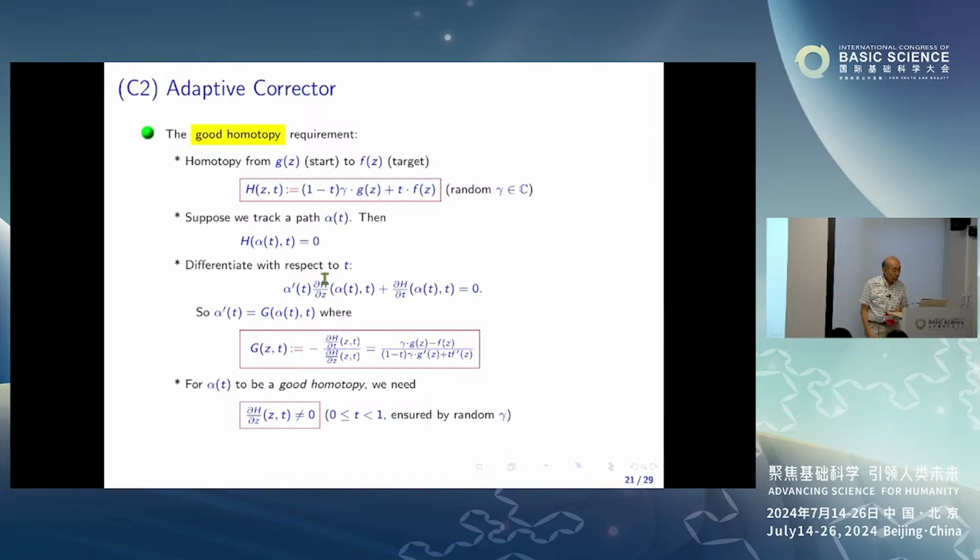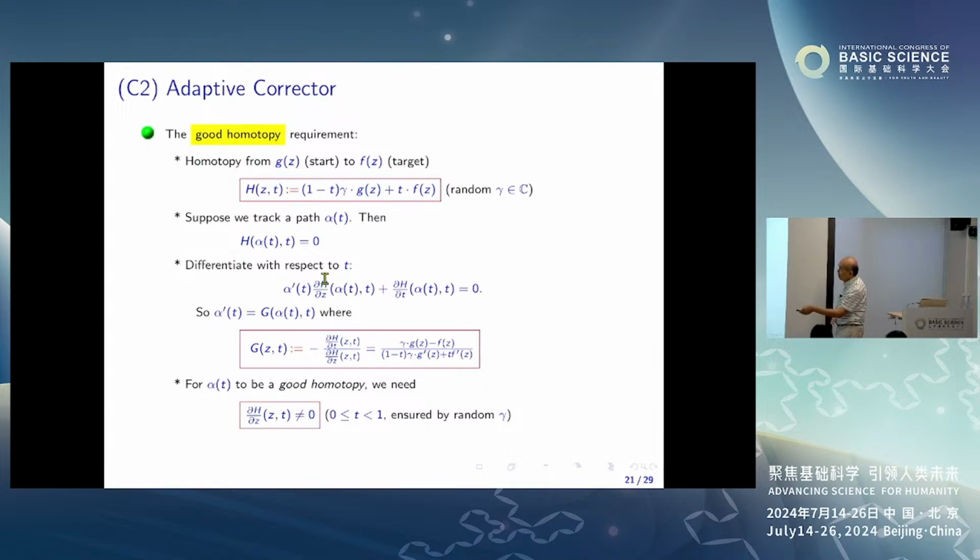Well, I don't want to go into the geometry of good homotopy. Basically, as you track the path, let's say the path is alpha of t, it satisfies this equation, the h with, and if you differentiate with respect to t, you get this. And now you get an expression for alpha prime, the derivative of alpha, and it's equal to g of alpha of t at t, which is this expression.